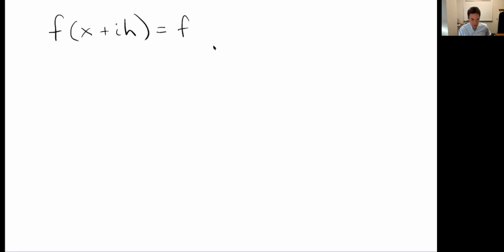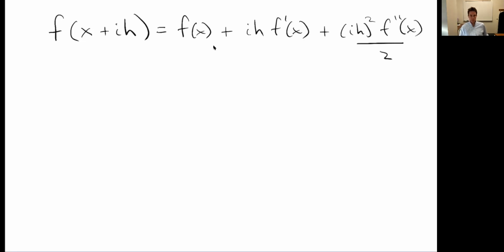So I'm still going to get f of x, and then it's going to look exactly the same as everything before, but instead of an h coming out, I get an ih, right? Times my first derivative, plus now I'm going to get (ih) squared times my second derivative over 2, and so on. Okay, so let me write it out again: f of x plus i times h times f prime of x, plus i squared.